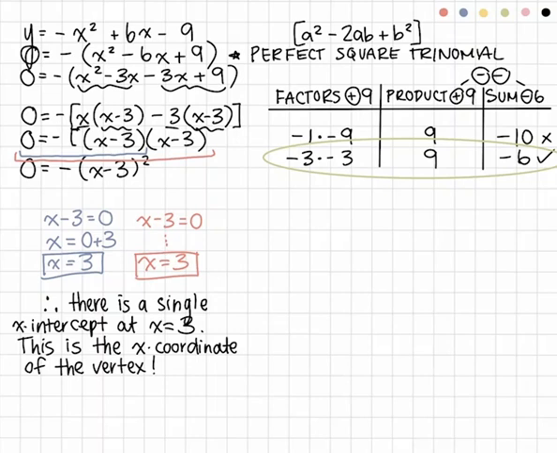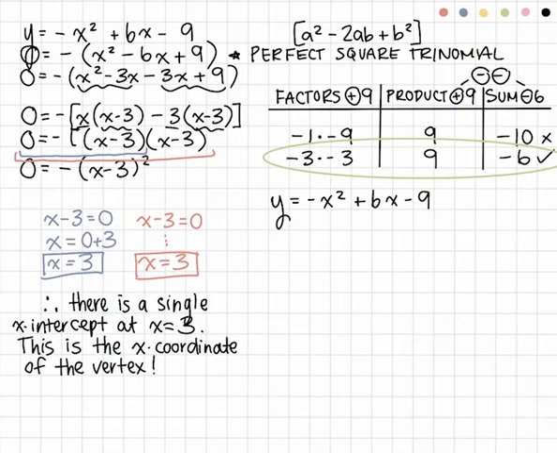Now you're probably wondering, well, how am I going to graph or sketch this parabola if I only have one point here? Well, now that we have the vertex, we kind of have a general idea of which quadrant it's going to be in. But to find more points on the parabola, we can let x equal 0 and solve for y. So let's do that right up here. I've got y equals negative x squared plus 6x minus 9.